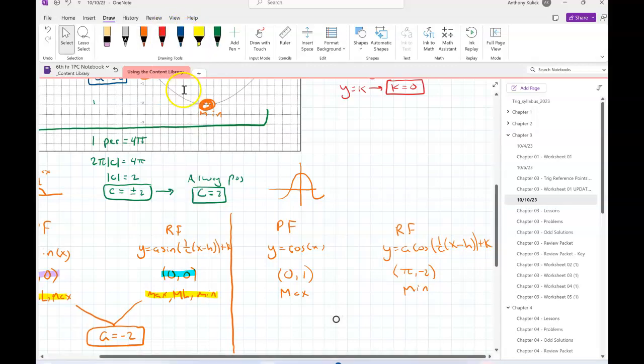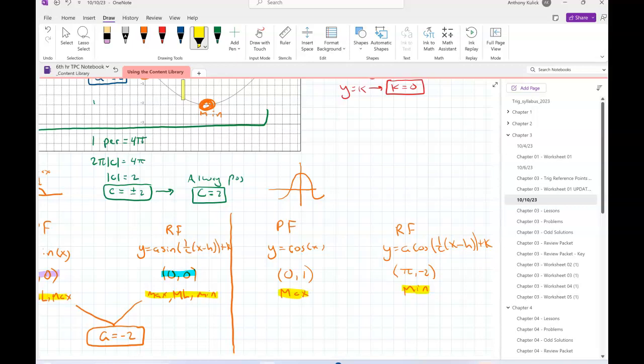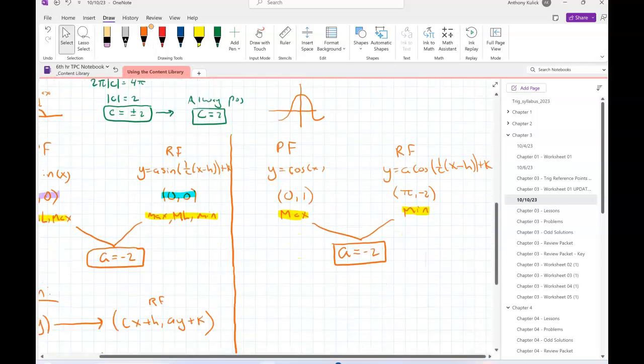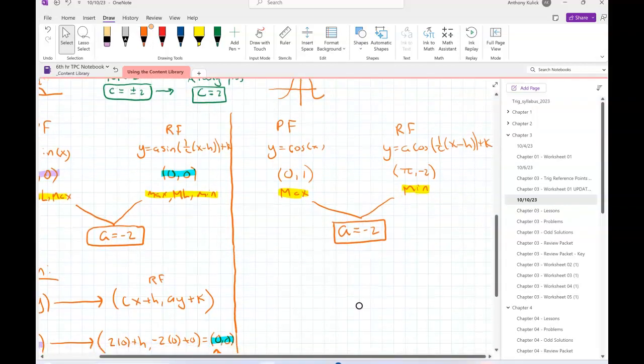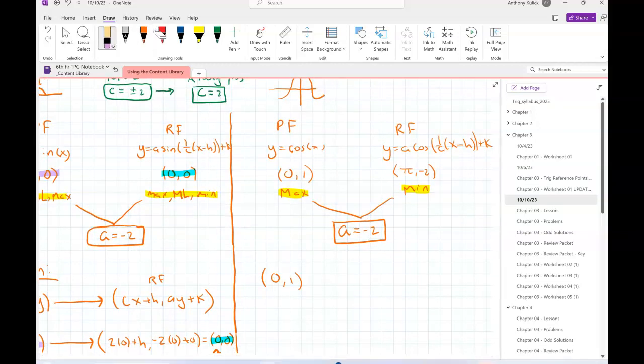Now, to decide whether A should be positive or negative, I'm going to compare the type of extreme point I have. Since they are opposite types, what does that tell me about A? That it's negative. And I'm going to set up the same transformation map here. I'm going to go from 0, 1 in my parent function and transform that by doing c times x plus h, a times y plus k.